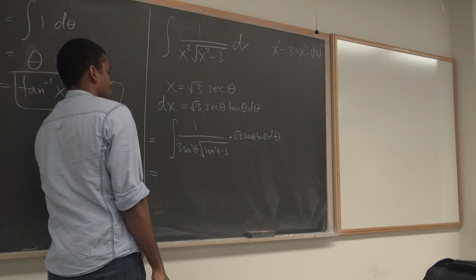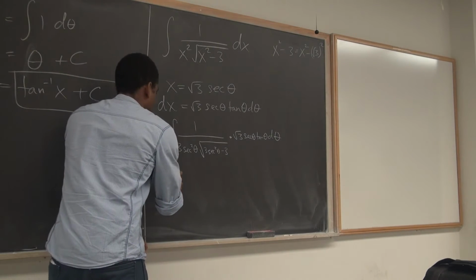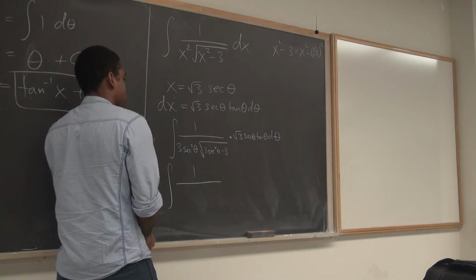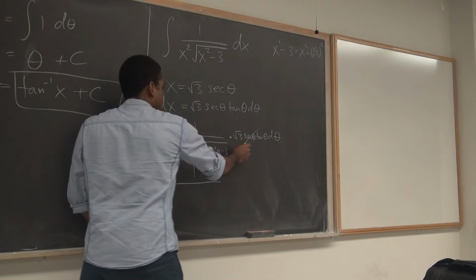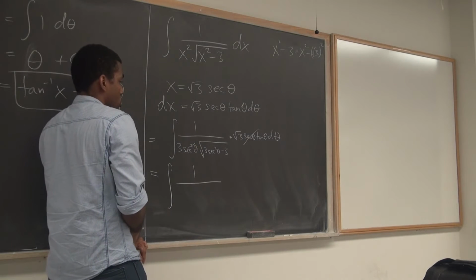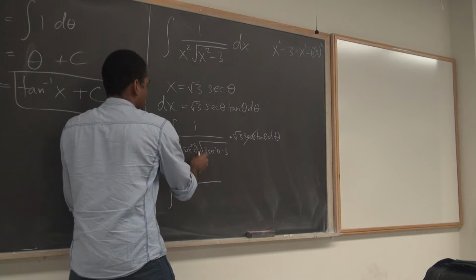Now we can start to simplify. What can we do here? Well, one of these secants would cancel, and the radical 3 cancels. What does this part become?